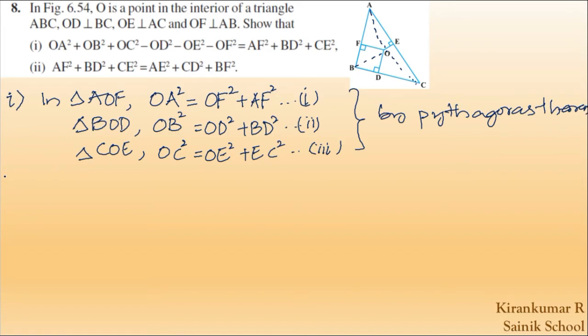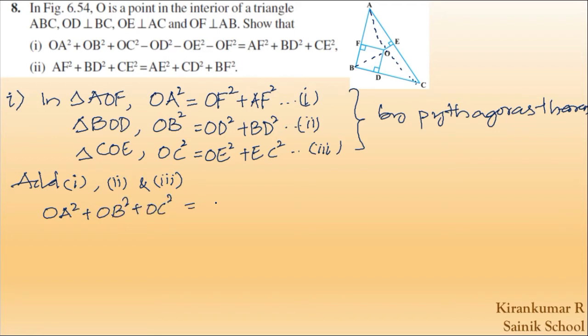Let us add the equation 1, 2 and 3. What do we get? We get the left hand side as OA square plus OB square plus OC square, which is equal to OF square plus AF square plus OD square plus BD square plus OE square plus EC square.